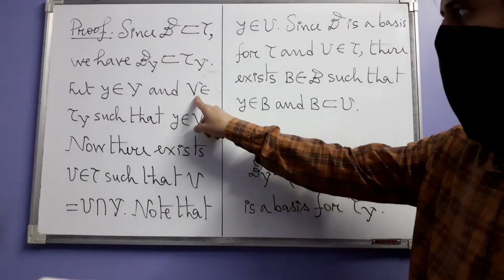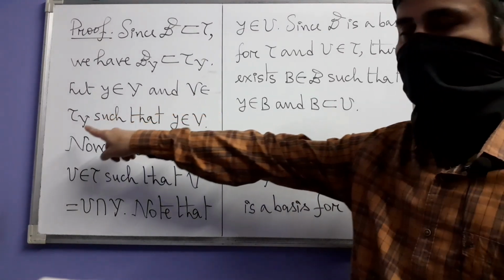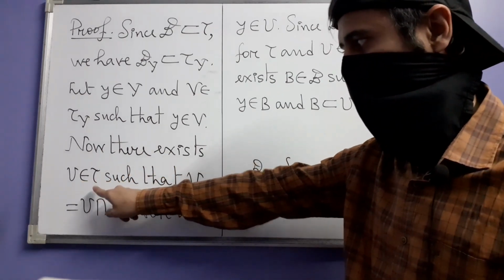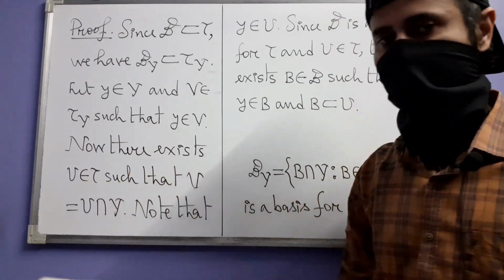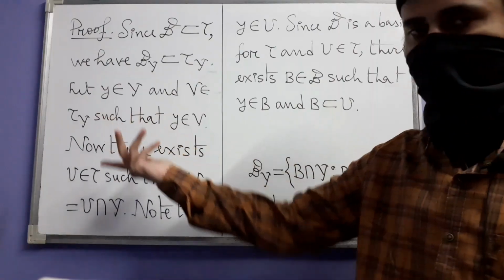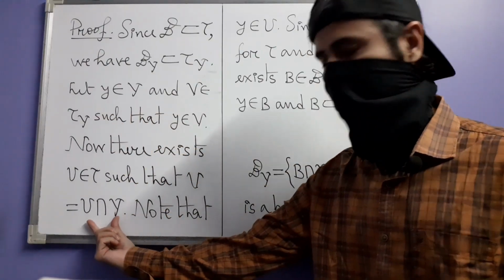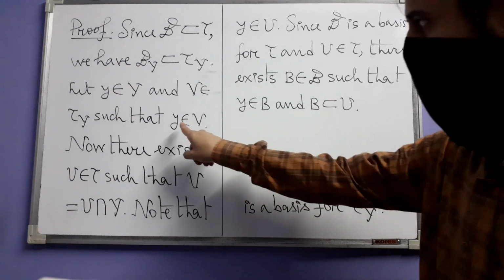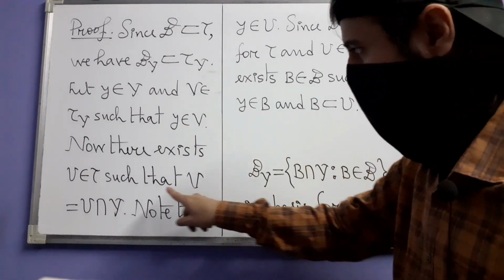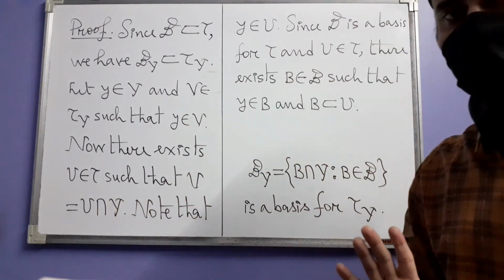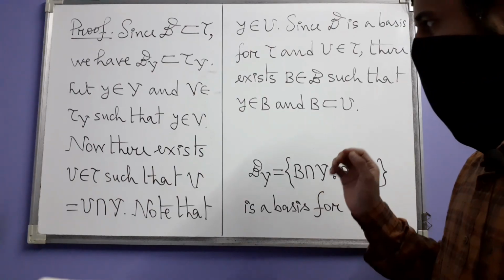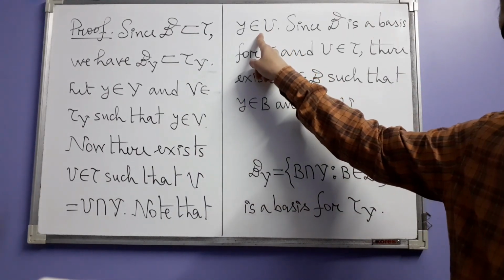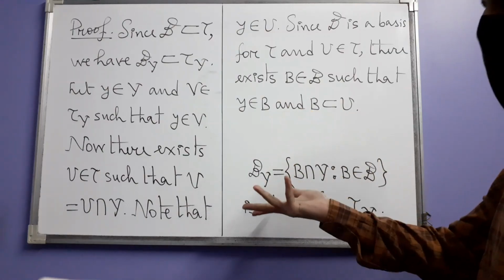Now next we concentrate on the fact that V is coming from tau y. So there exists a u in tau such that V is equal to u intersection y, because that's what tau y is. It has elements which look like this. Now because y belongs to V, the point y belongs to u intersection y, and as a result y belongs to u. Okay, but what is u?